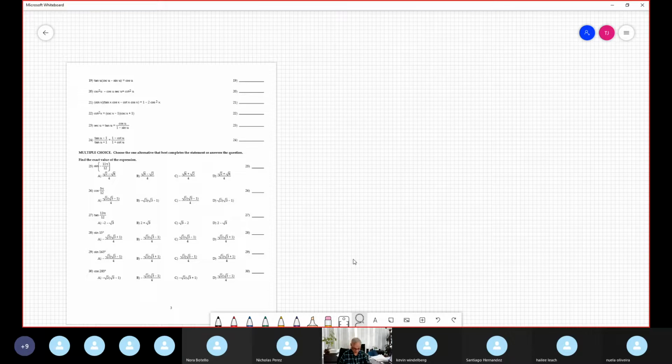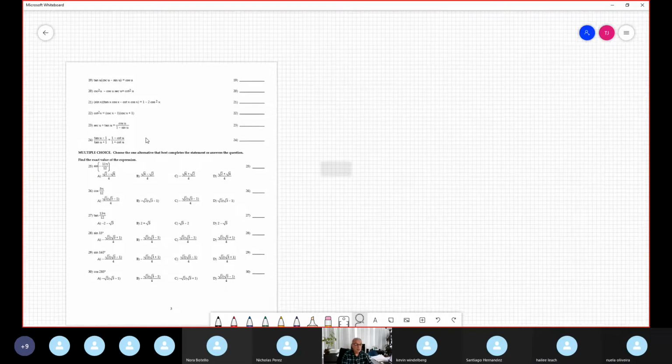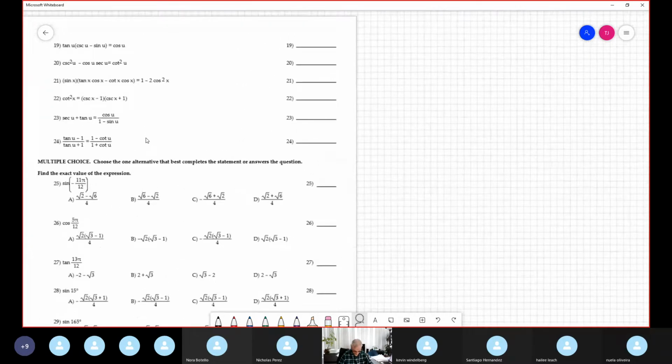Okay, 23 is. Let me copy directly to the page. Secant u plus tangent u.